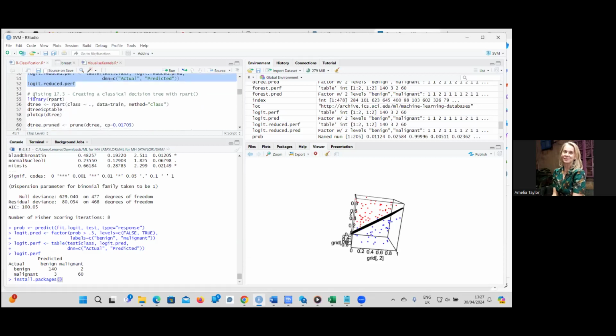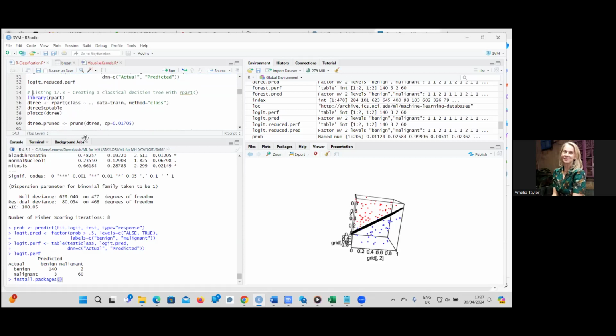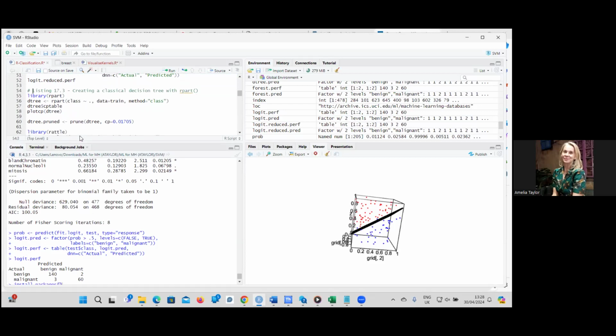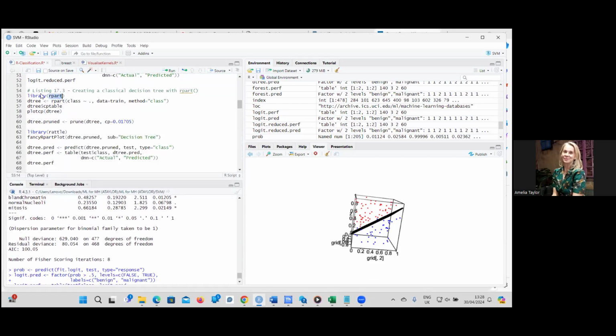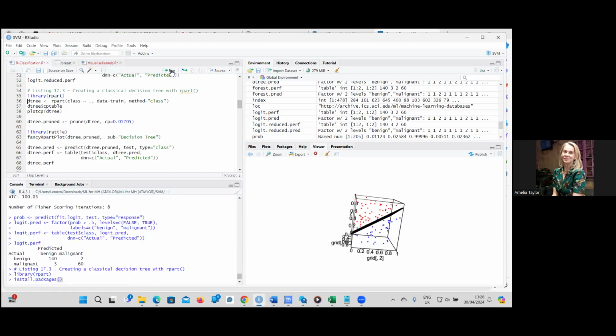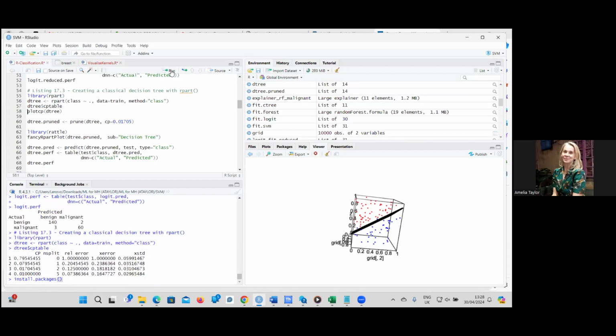Remember that we looked at decision trees, so we can also try to run a model that uses decision trees. And this is using the library that we've used previously in the notes. So let's run this. And we can plot the tree.